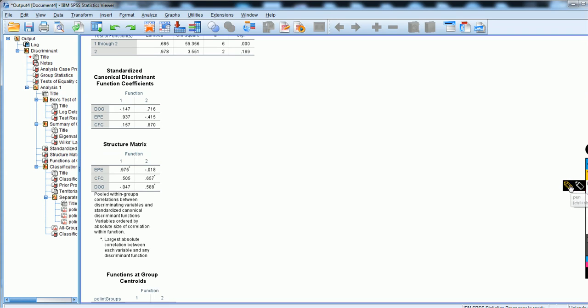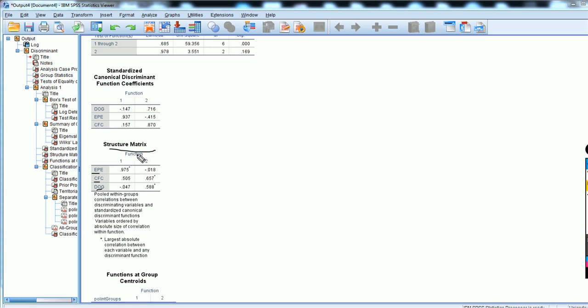So basically, we're using these matrices pretty much the same way that you would interpret factors in factor analysis. So the structure matrix is basically giving you the zero-order correlations between each of our predictor variables and discriminant functions.